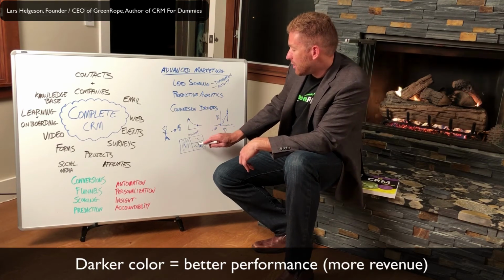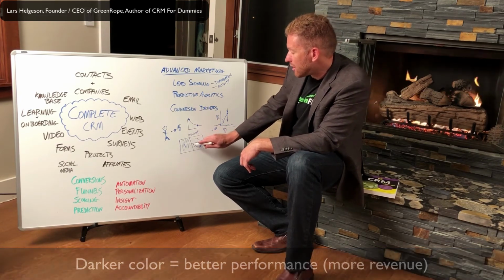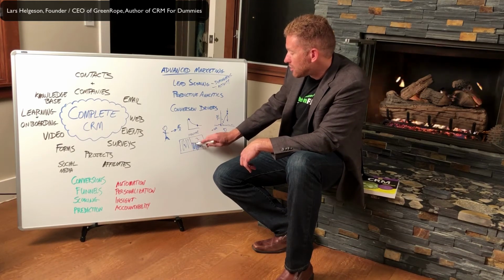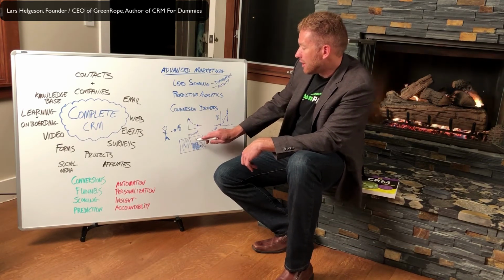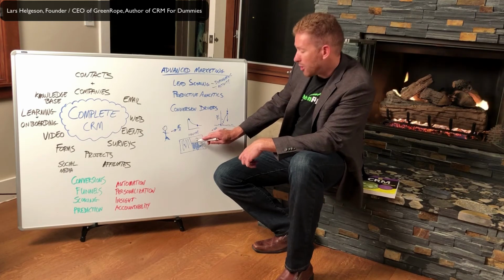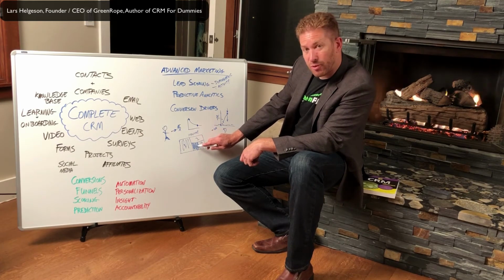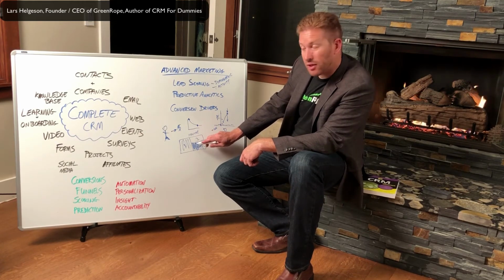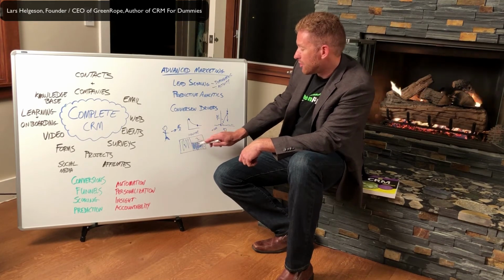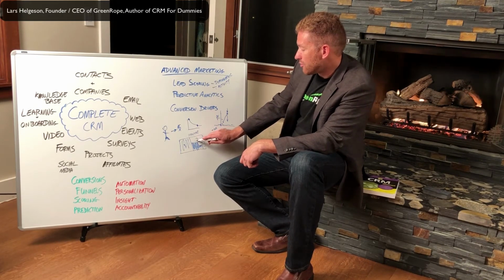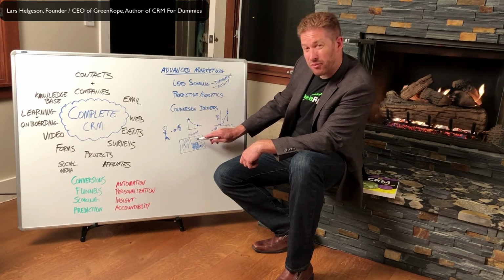And so if we look and we see maybe 2 is light colored, but 3 is very, very dark, that will tell us that 2 is underperforming relative to 3, which is performing very well. And so we can learn from that. Maybe 1 is average and 2 tells us, well, here's a really large group of leads or customers that have come in, but they're not really converting very well.